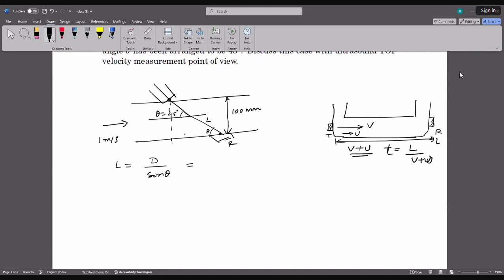The diameter of the tube is 100 mm, which is 0.1 meter, divided by sine 45 degree. So the length traveled by the ultrasound wave from the transmitter to the receiver is 0.141 meter.